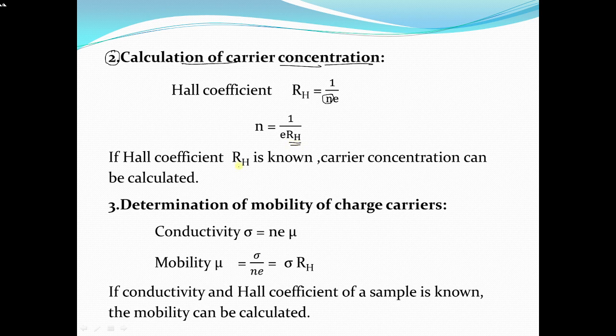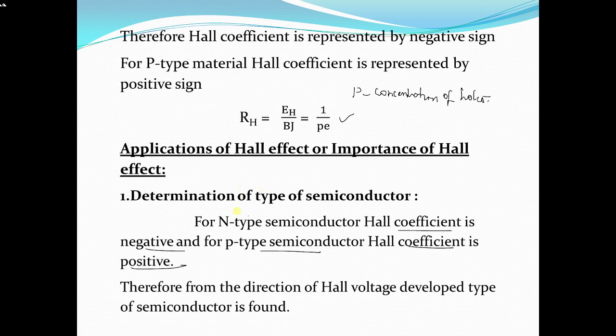If I know Hall coefficient and the charge of electrons, 1.602 into 10 power minus 19 coulombs, I can calculate concentration.